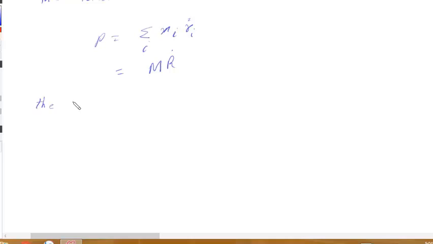Then the rate of change of momentum is, we know, mi r double dot i is equal to the sum of Fij plus the external force.